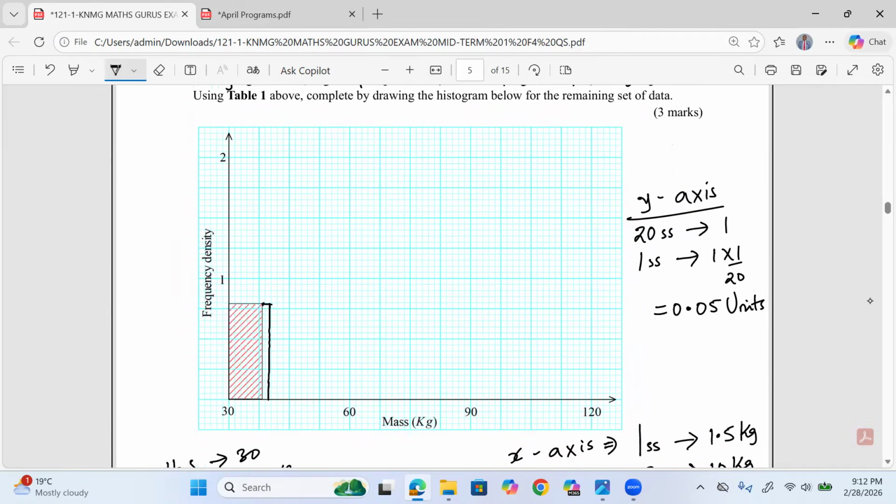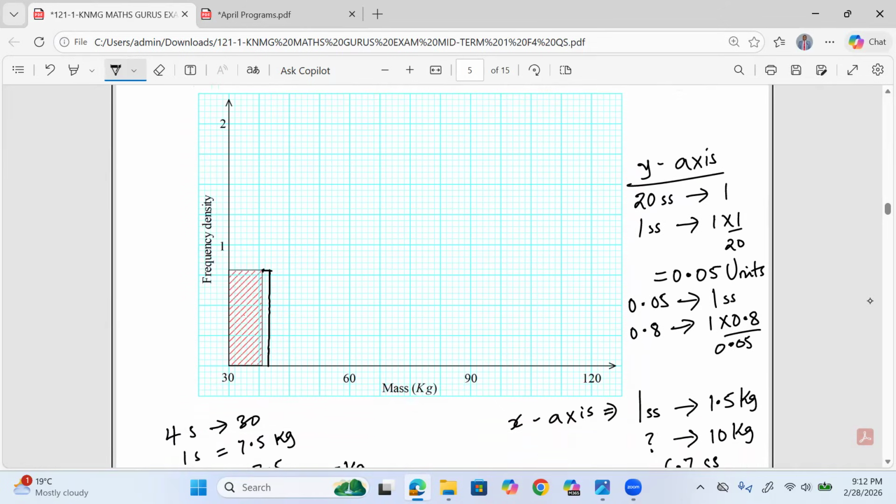We are talking of 0.05 units being represented by one small square. What about 0.8 units? This will be 1 times 0.8 out of 0.05, so 0.8 divided by 0.05. This is giving us 16 units.